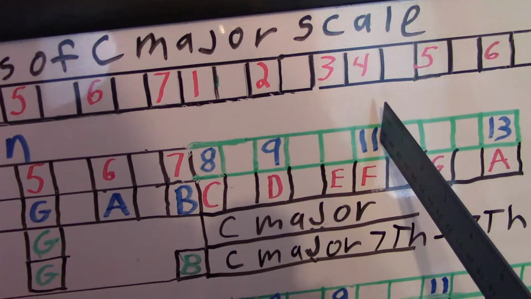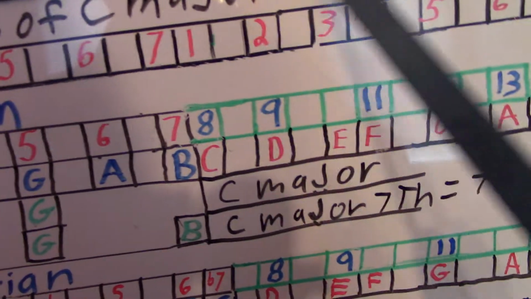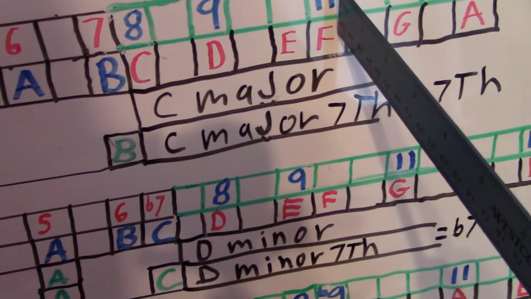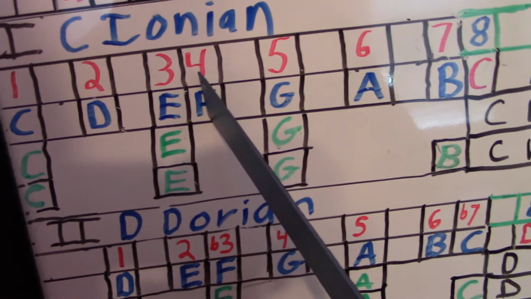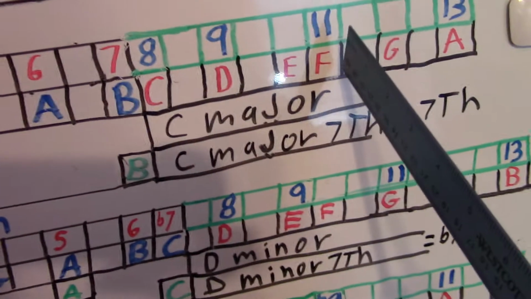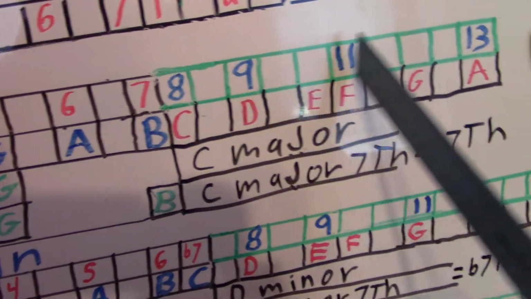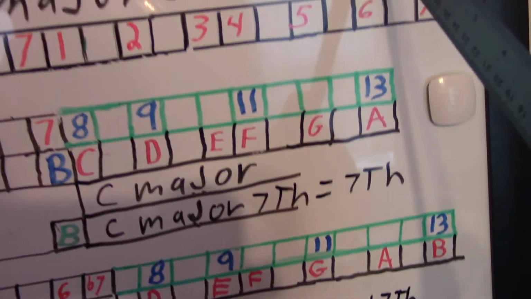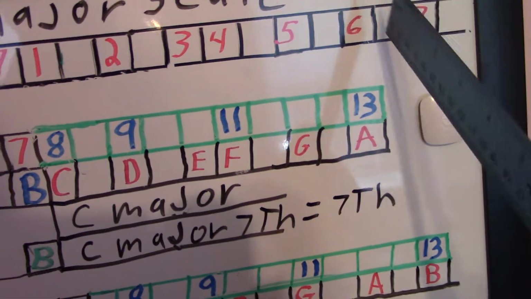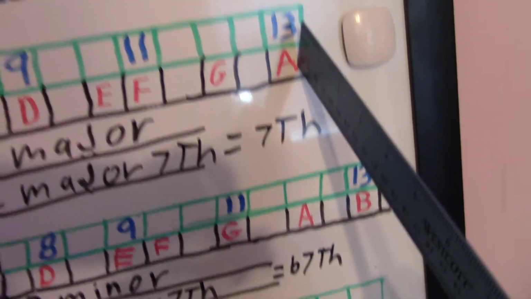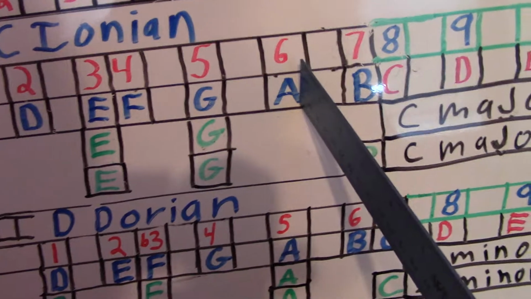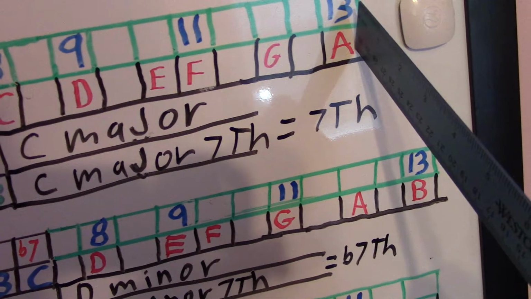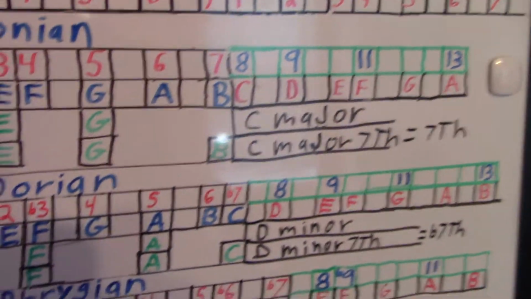An 11th is a fourth, 1 octave higher, and you come up with F. Like I said, this is just 1 octave higher on this part here. And a 13th is a 6th, 1 octave higher, which is an A. Come over here, 6, A, go 1 octave, right here, 13th. Hope that makes sense to everybody.